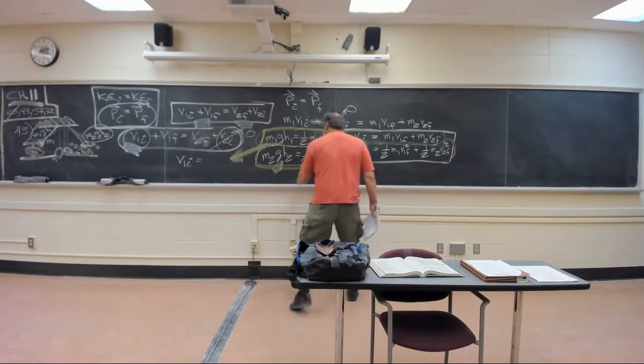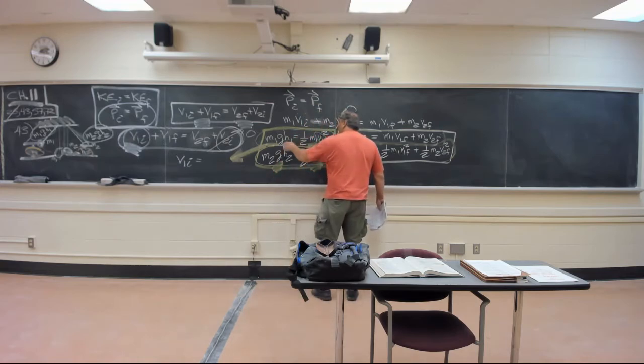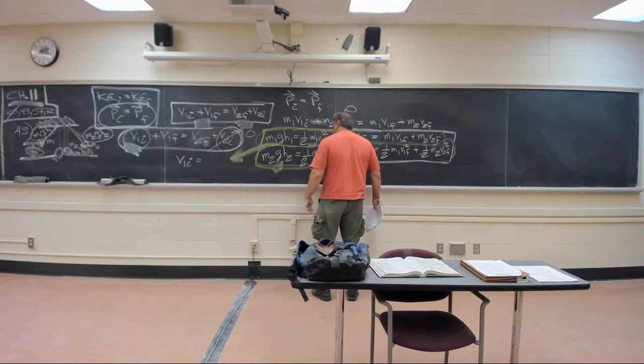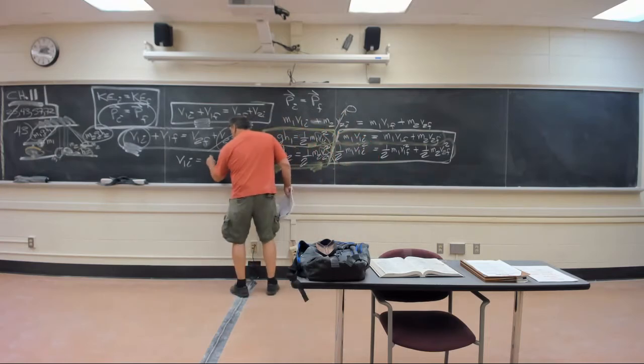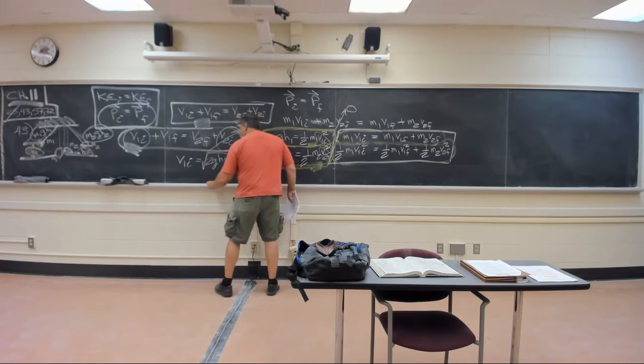Here's how you do it. You multiply by 2 on each side and divide by M1. That's 2GH1 equals V1I squared. You take the square root of each side. That looks similar to a lot of the math we've done in the past.